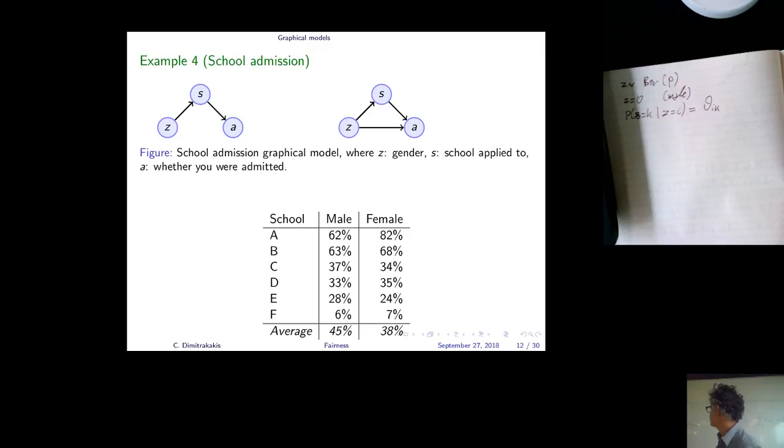So we have these parameters, and then the last thing that we need for the first model is another parameter, which is the probability of being accepted given that you apply to a school. So it's the probability of A equal 1 given that you have applied to the school K. We can give another name for this variable, let's say phi of K. We don't need another one, because the probability of A equals 0 is just 1 minus this.